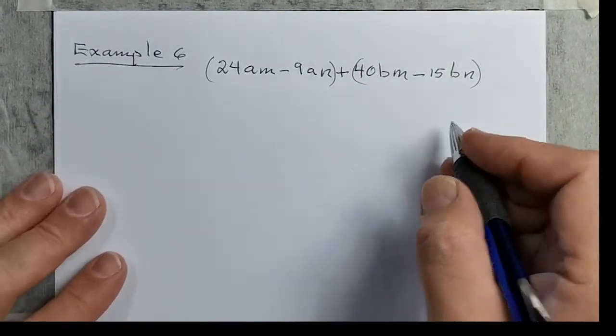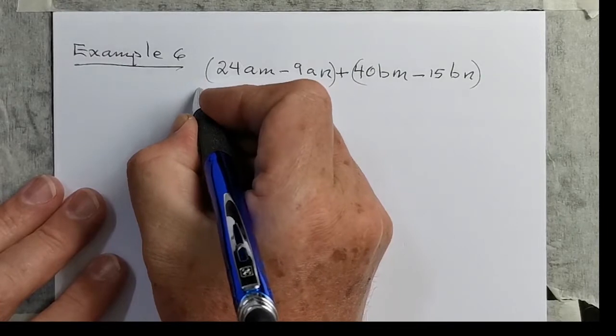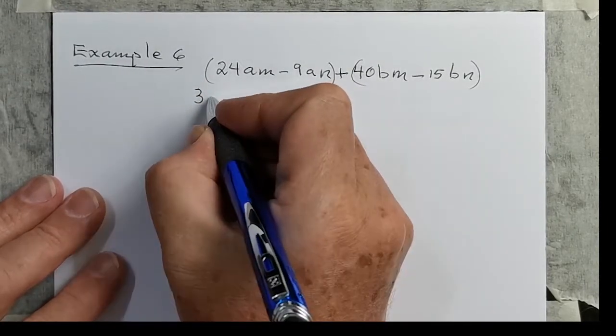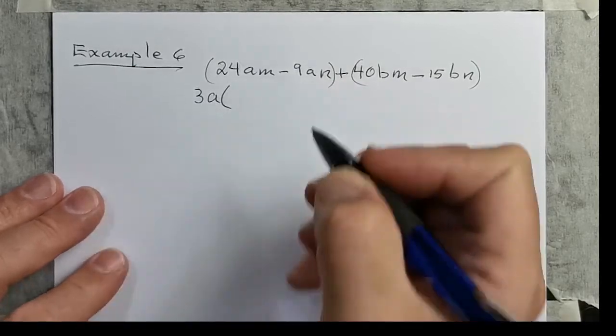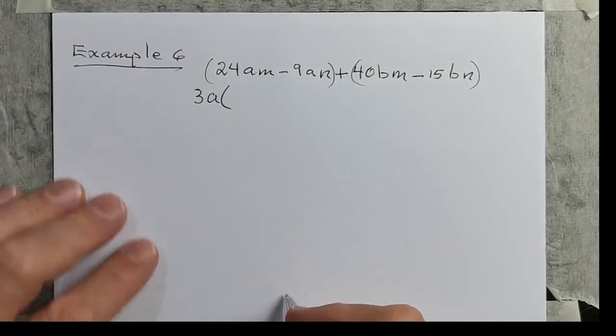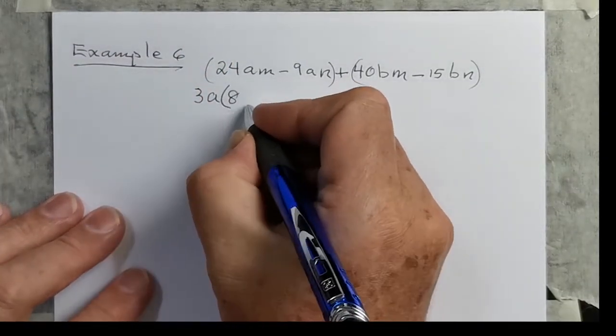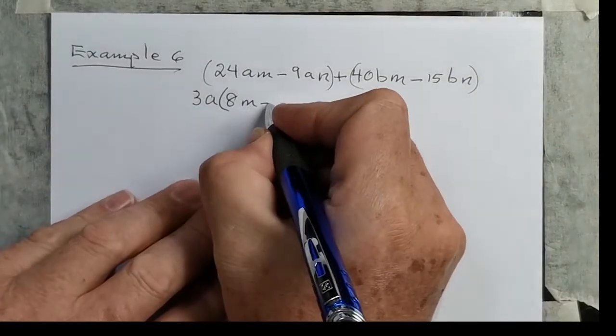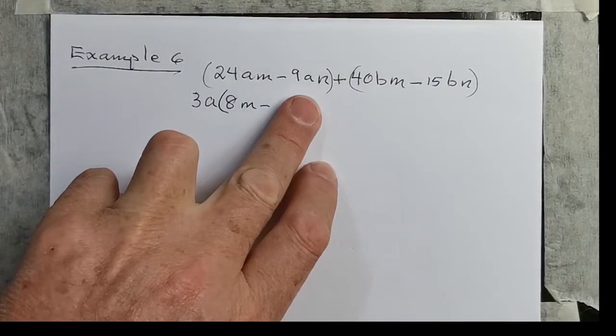So let's factor out what we can factor out. A 3 out front here. 3 times A. 3A times what? 3A times 8M. Minus 3A times 3N.